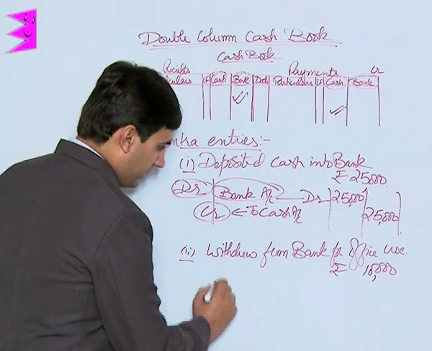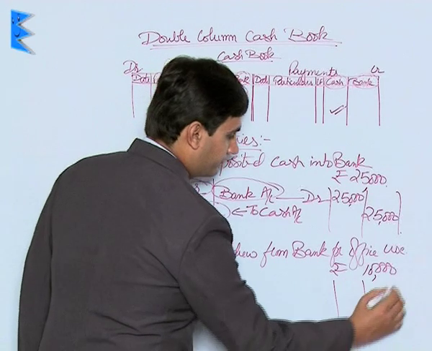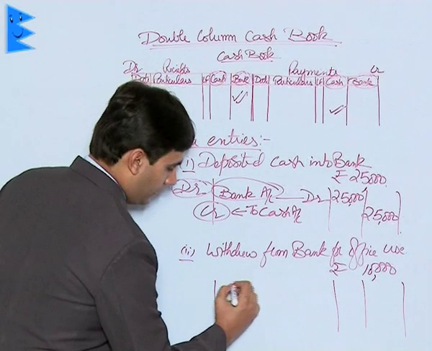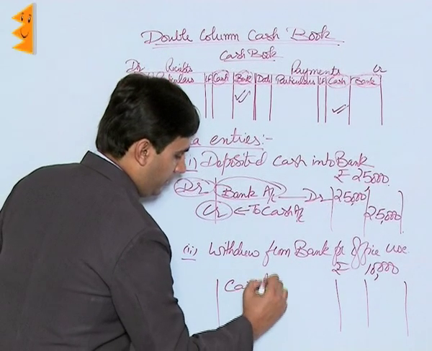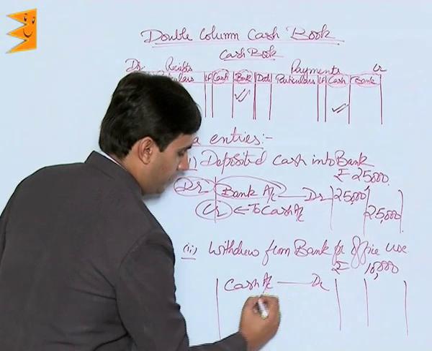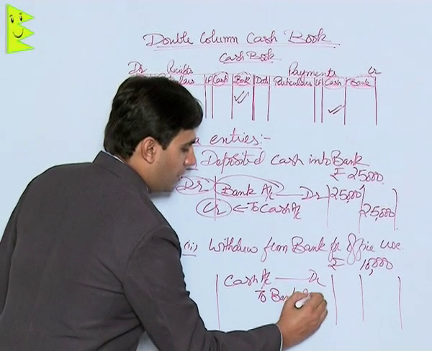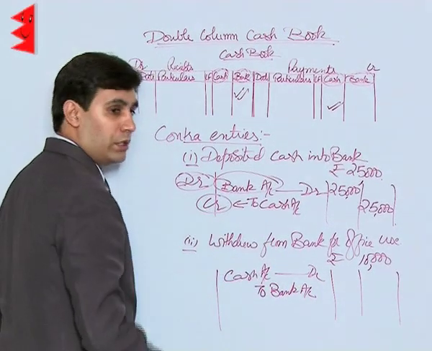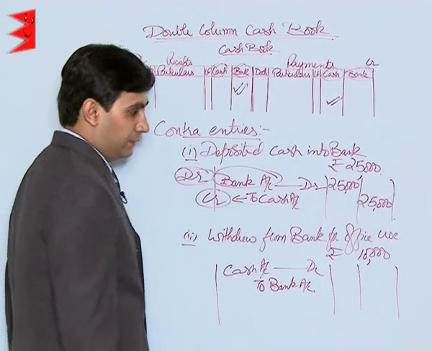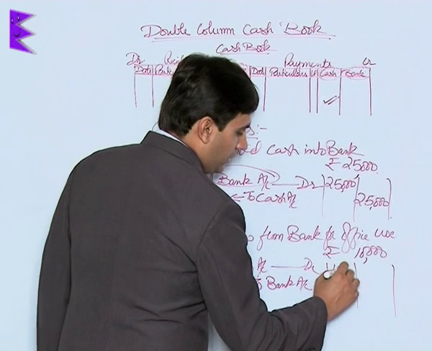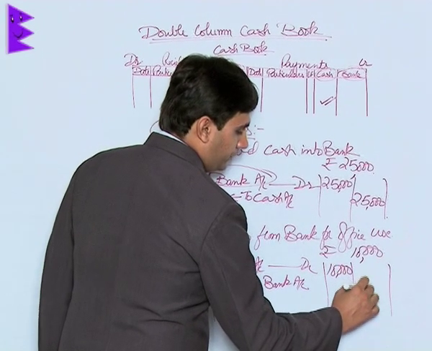So the journal entry in this case would be cash account debited to bank account. Since we are receiving cash, real account, debit what comes in. Amount would be 10,000.